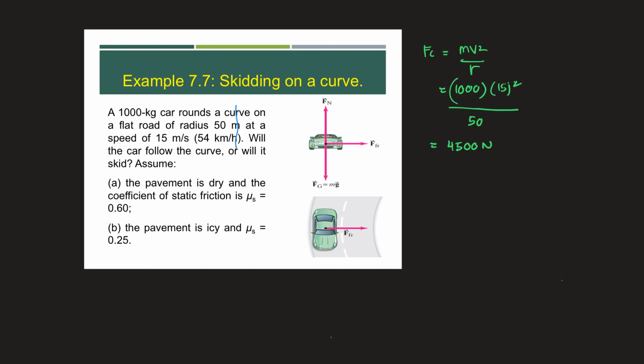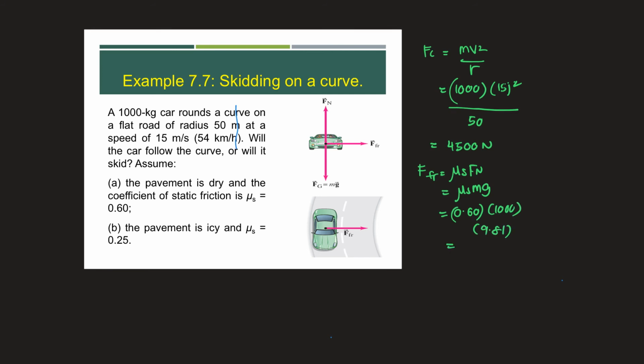Now we find the frictional force, whether it's enough or not. We know that the formula for frictional force is FFR equals mu s Fn, and because this is a flat surface, Fn equals mg. So your mu s is 0.60, m is 1000, and g is 9.81.